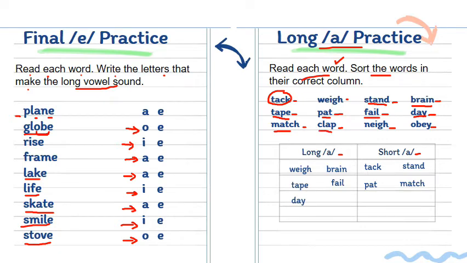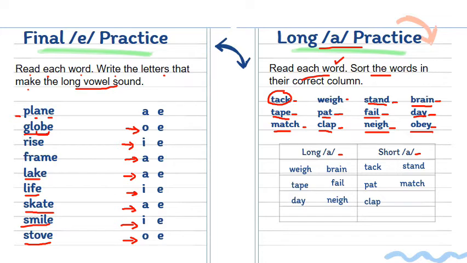Next, I have clap. Cl-a-p. So I can hear the short A sound. Listen. Cl-a-a-p. So it should be in the short A column. Here I have neigh. Neigh. N-a. So it is the long A at the end of the word. And the last word is the word obey.